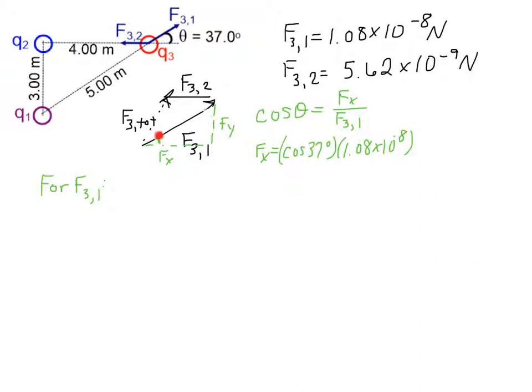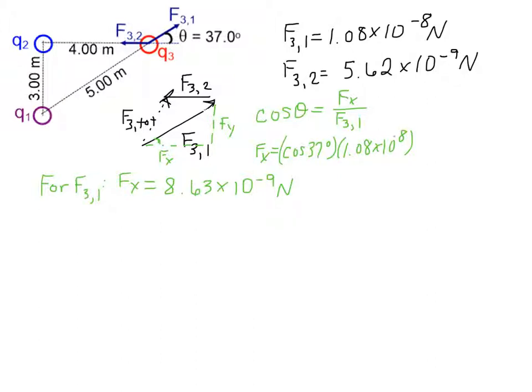So I know this angle, so I can take the cosine of this angle. That gives me cosine of theta equals f of x divided by this hypotenuse, which is the force between charges 3 and 1. I can put in cosine of 37 degrees for that theta and solve for f of x.